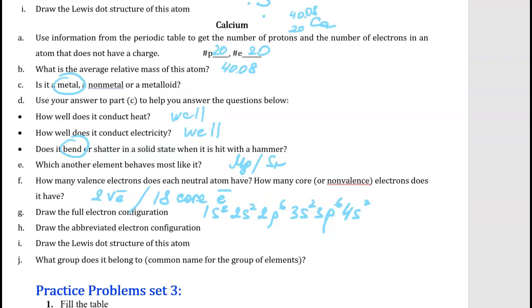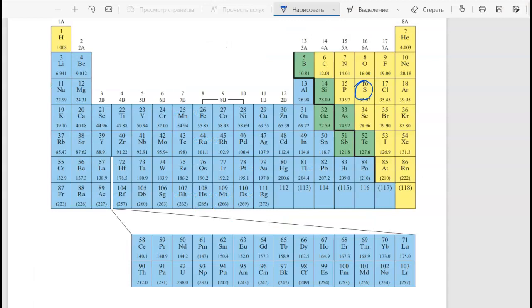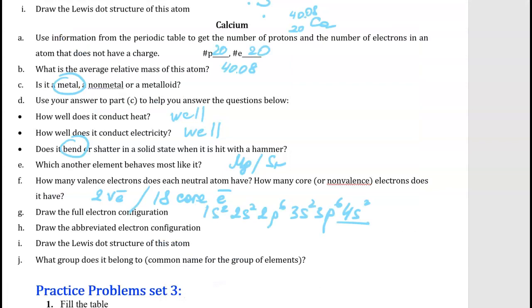You need to get 20 electrons, right? 2, 2, and 6, 10. 2, 6, and 2, 10. Another 10, so it's 20 together, so we are right. And outer shell electrons are here on the 4th shell. Calcium is in period number 4, so we are good. We did a great job.